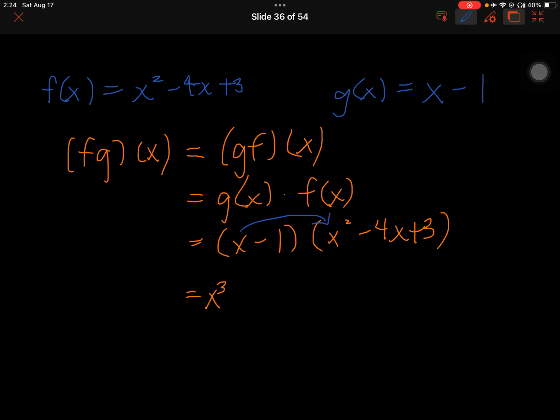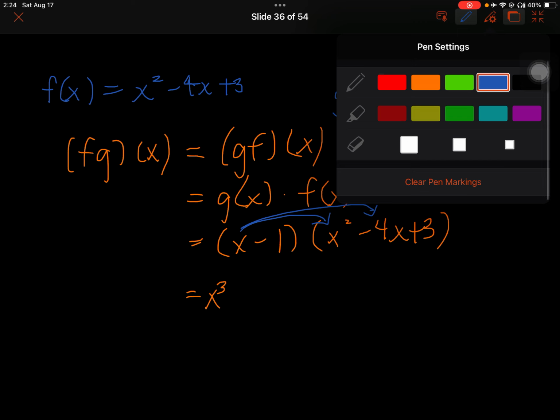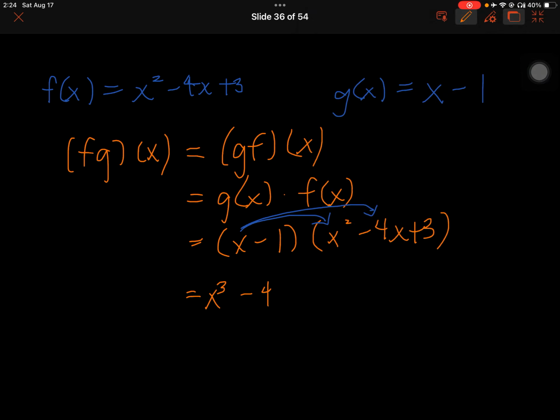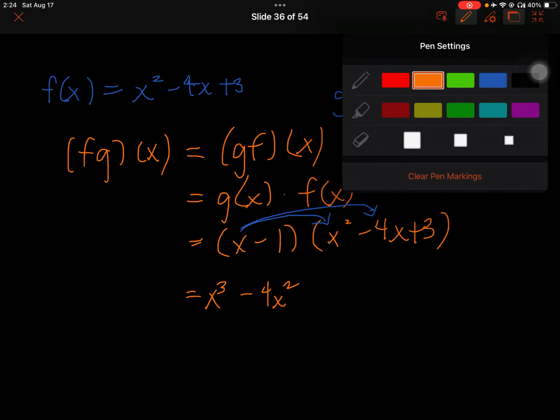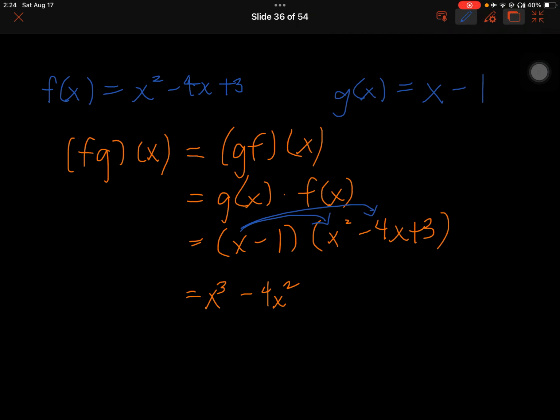Next, x times negative 4x is negative 4x squared. Okay. And next, x again times positive 3 is positive 3x. Now x is done. Let's proceed with negative 1. So negative 1 times x squared is negative x squared.